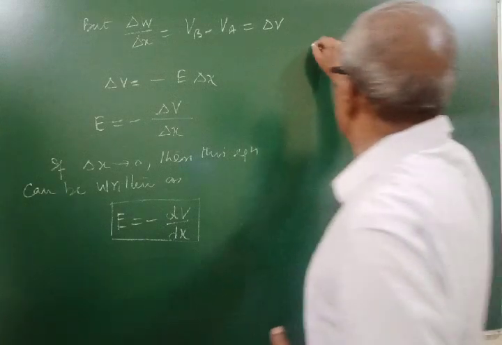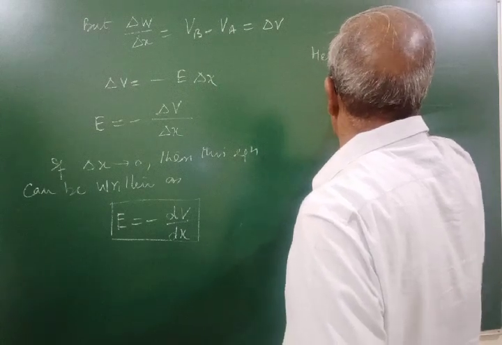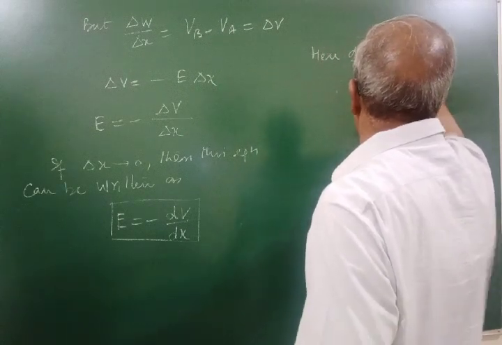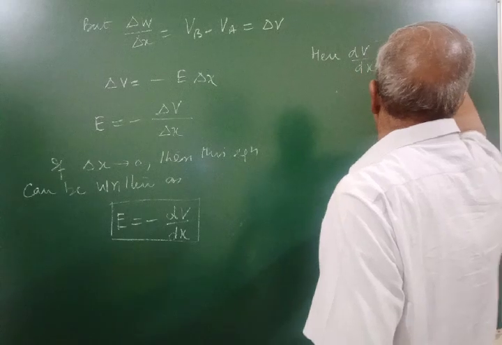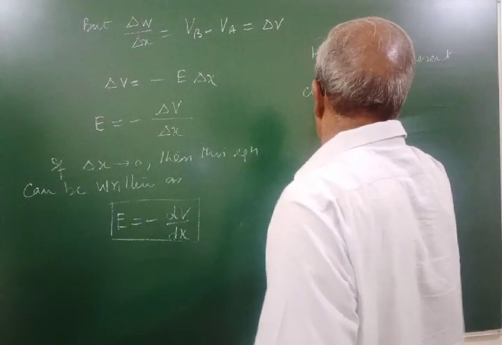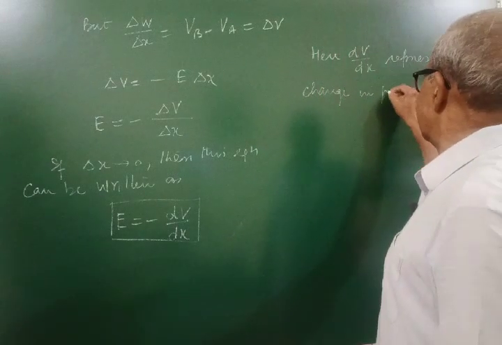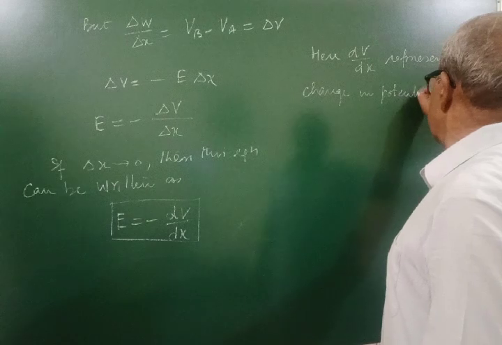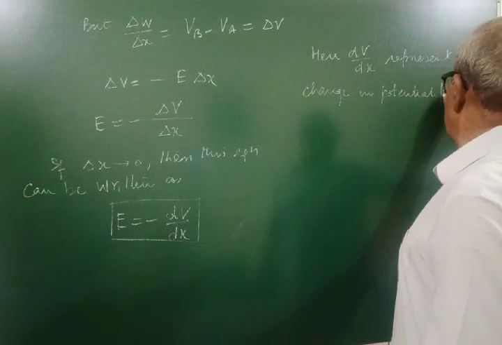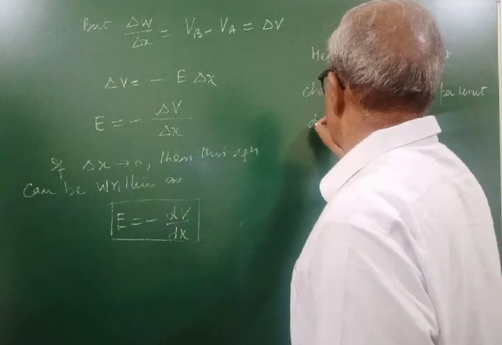Here dV over dx represents the change in potential per unit distance.